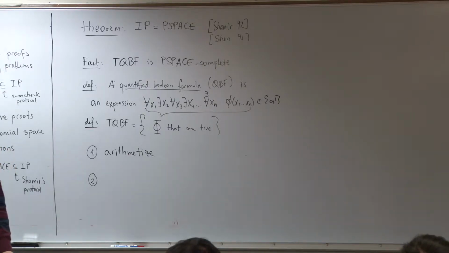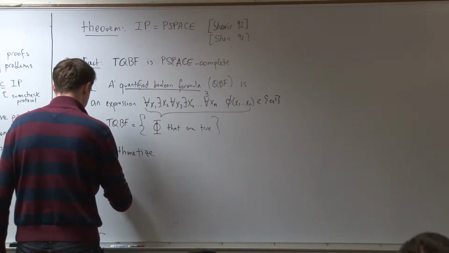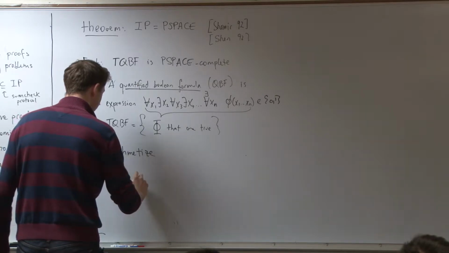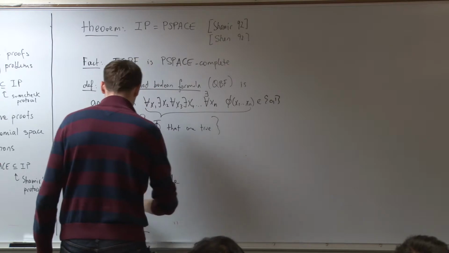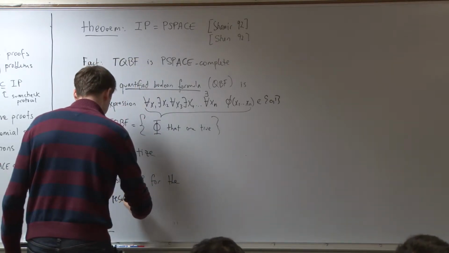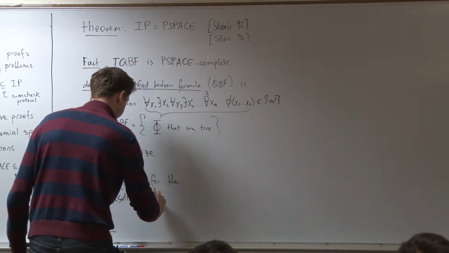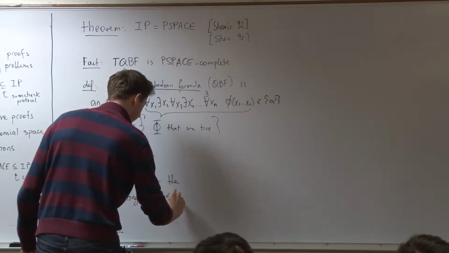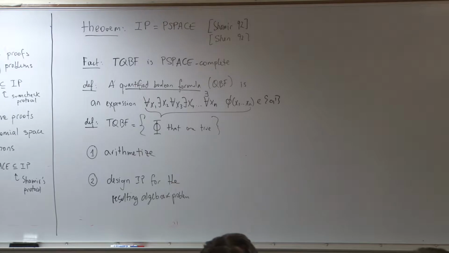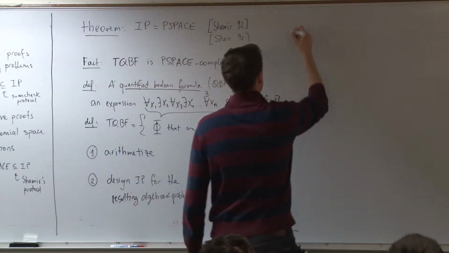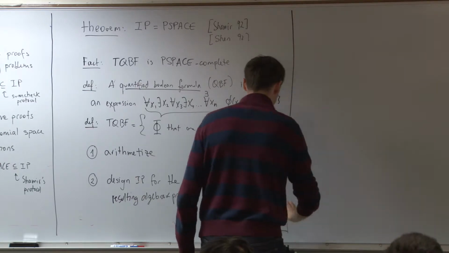And the next step will be to come up with an interactive proof for that problem about that polynomial. So let's say, design an interactive proof for the resulting algebraic problem. Okay, so at high level, the proof is going to have a similar structure as last time. So that's sort of comforting.